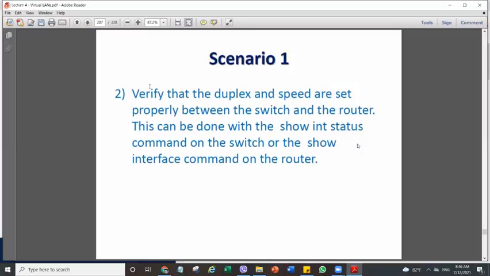We'll move forward. Then verify that the duplex and speed are set properly between the switch and the router. This is about compatibility at the two ends. What is the duplex mode and what is the speed set at the two ends? If these two things are not synchronized, the communication does not continue smoothly.